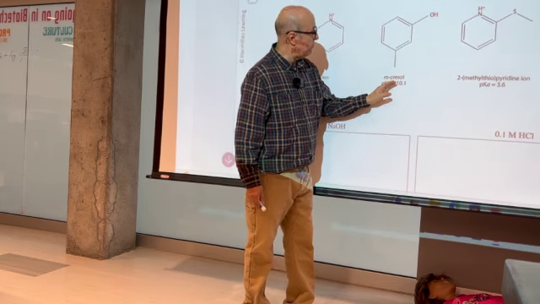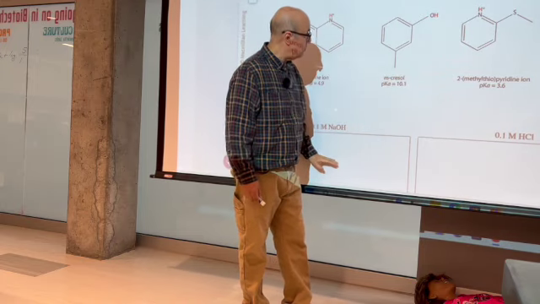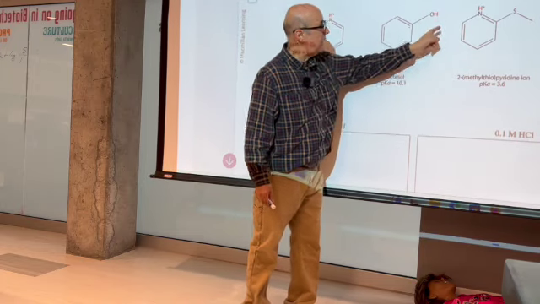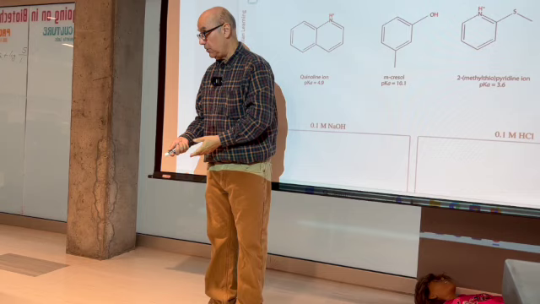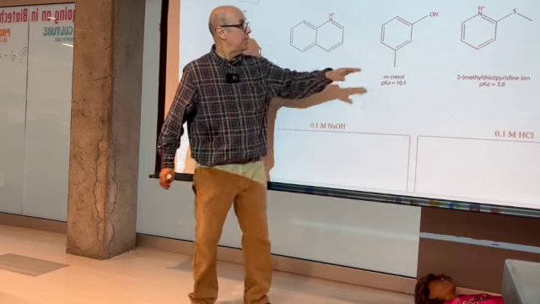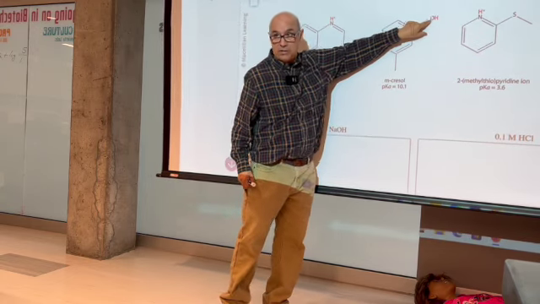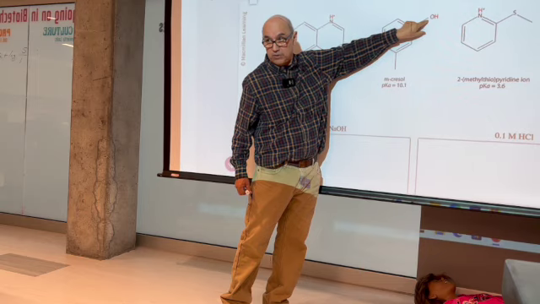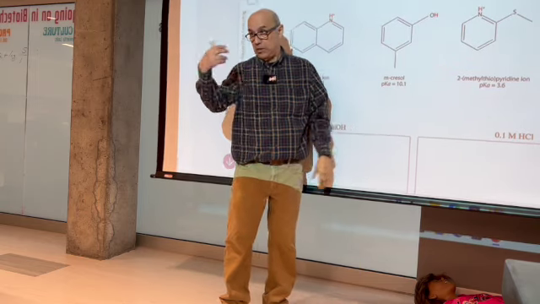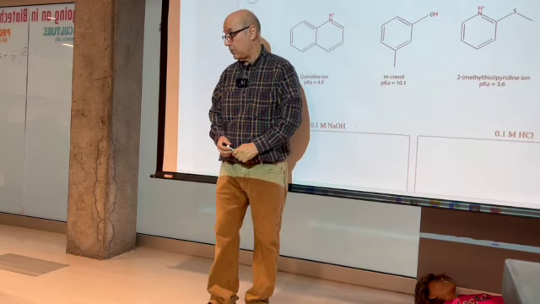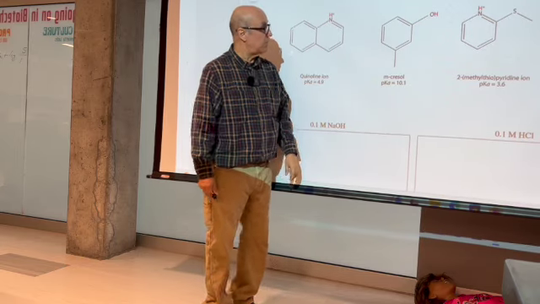So you would have to put it in very basic solution for this to be negatively charged and therefore be more soluble, right? This one, as you see it, is not going to be very soluble because of the OH. But without the H, with the negative charge, now it's a little bit more soluble. So that's what you're answering.